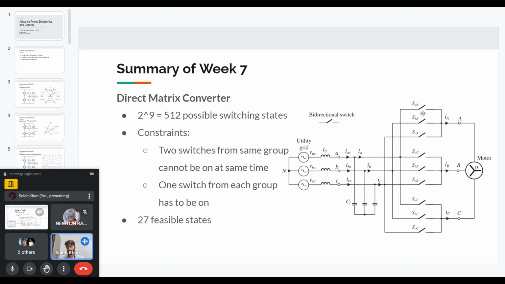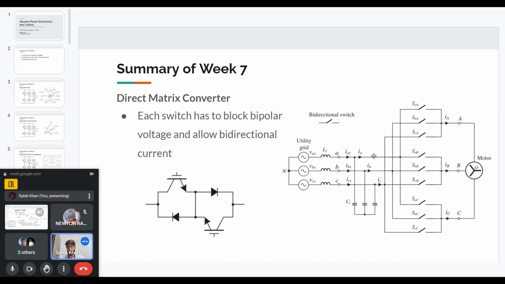Now let's talk about what kind of switch each of these devices will be. It is written here as a bidirectional switch, but let's see in some detail how it comes about. So what is the voltage that each switch has to block? In order to see that, let's turn on SBA in the A phase group, and then we can see what voltage SAA has to block.